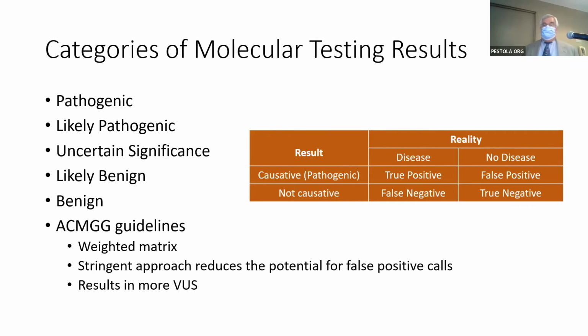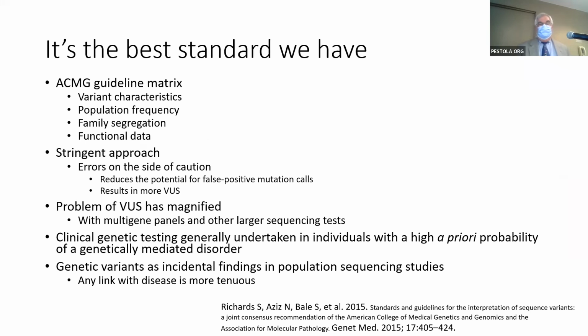It gives you a reduced potential for false positives, and it results in way more variants of unclear significance. But it's the best standard we've got. It uses variant classification, population frequency data, family segregation data when available, and is heavily weighted towards functional data, which were in short supply.